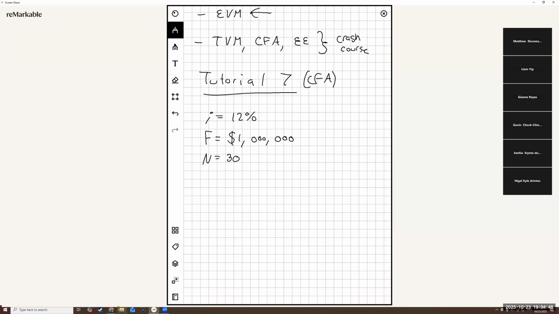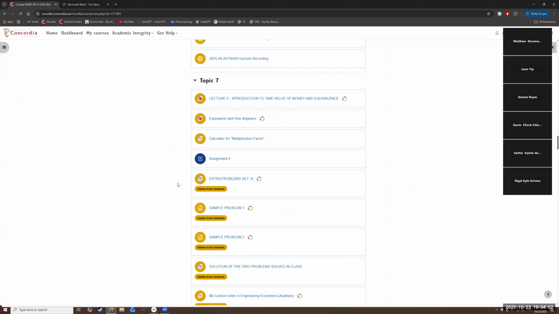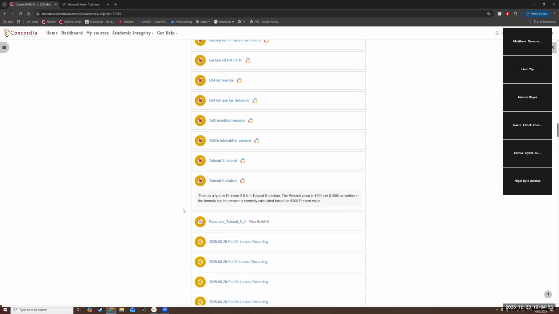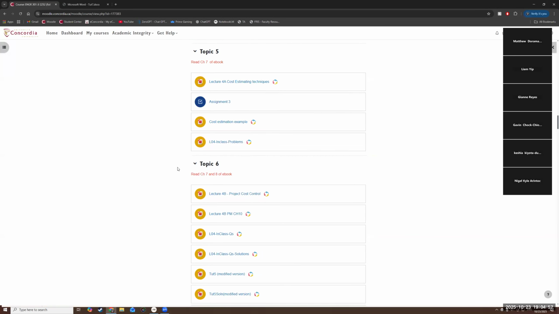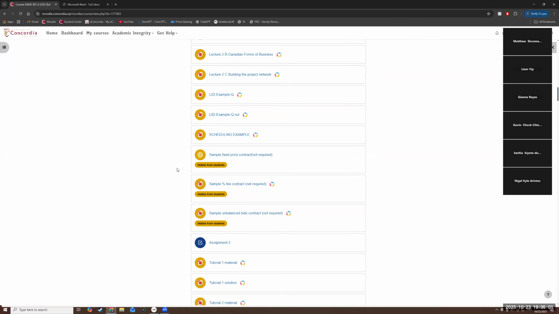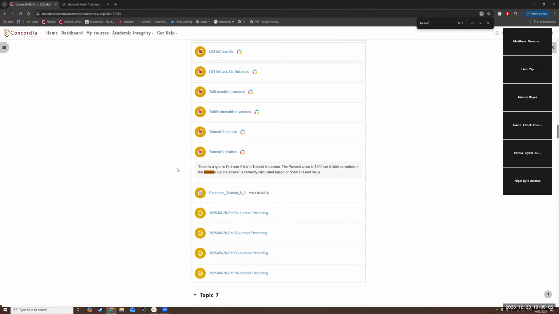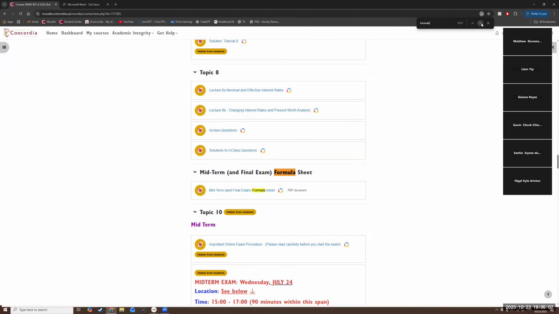Okay, let's look at our formula sheet, which we have for this class. Here is our formula sheet.